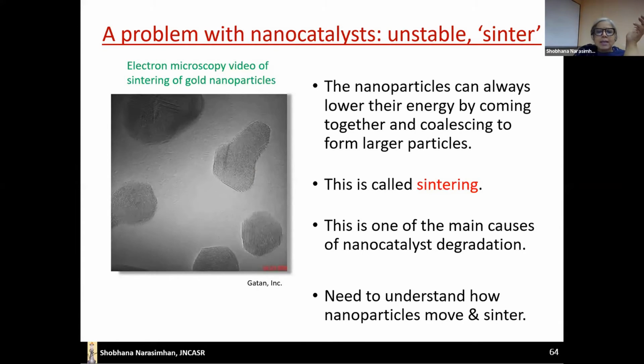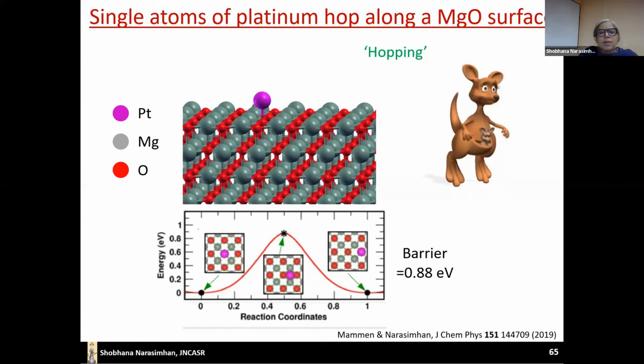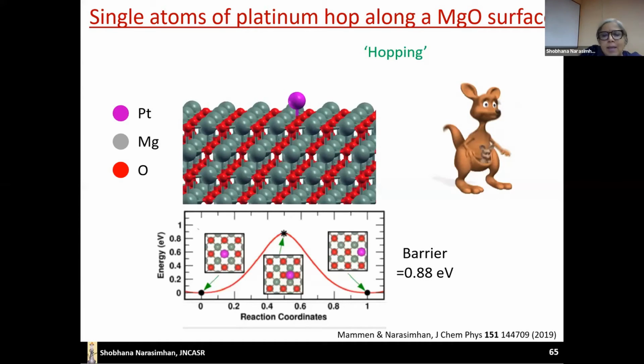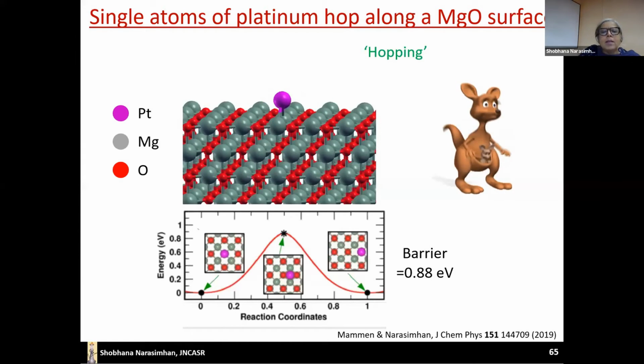So we've been studying this process, and to do this, we've been studying how nanoparticles move, the processes by which they move, and the energetics of how they move. We've been studying that a single atom, for example a platinum atom, moves by a process of hopping. Two platinum atoms have a different process.